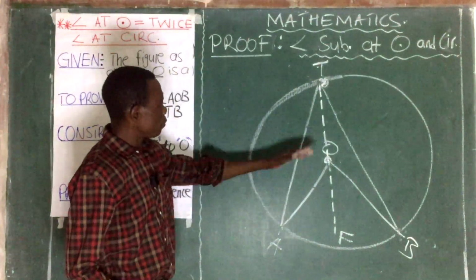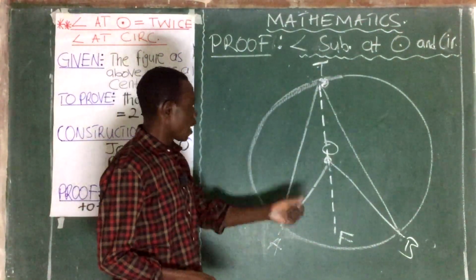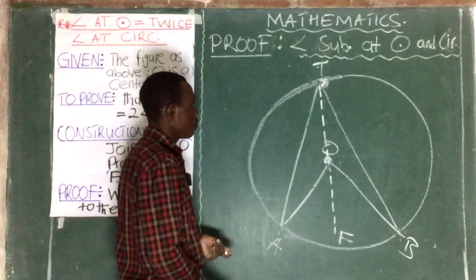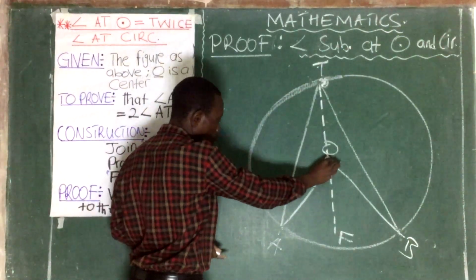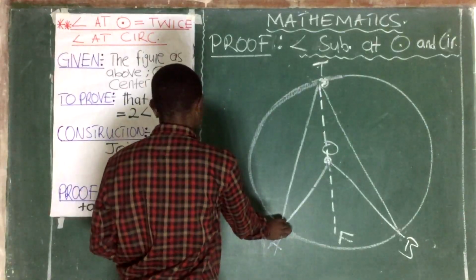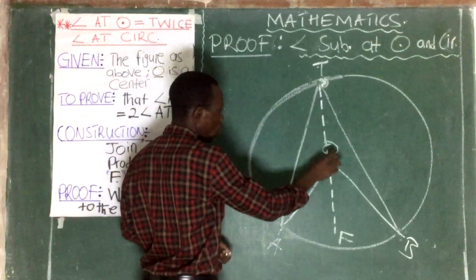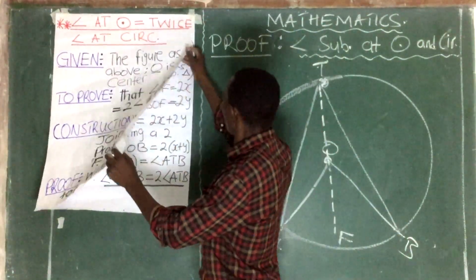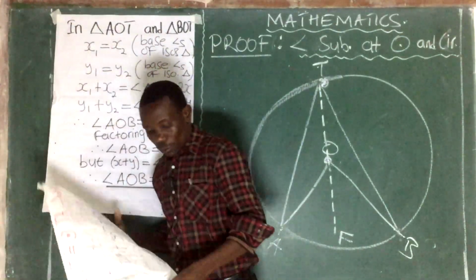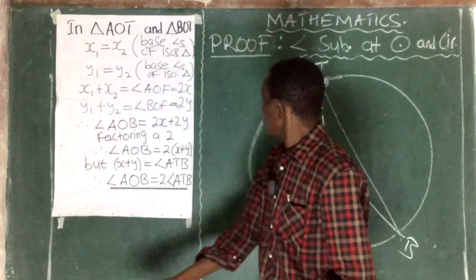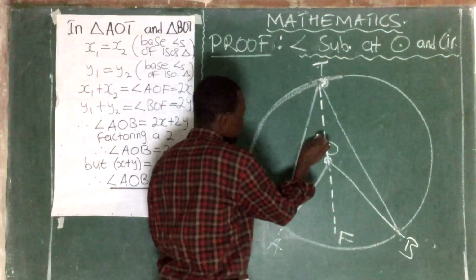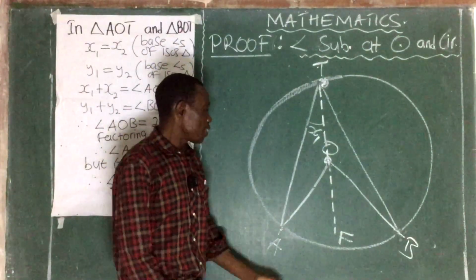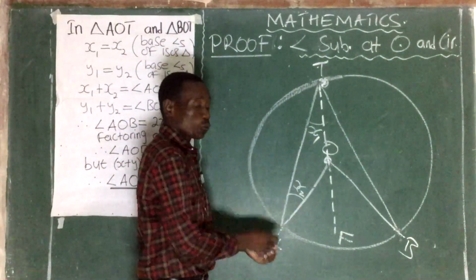Now, if you look here, and if I may use some notations about the angles, you'll bear with me that in triangle TOA, and in triangle TOB, you are going to observe the following. I may give a notation to this angle as x1, and then I'll also give this one as x2.